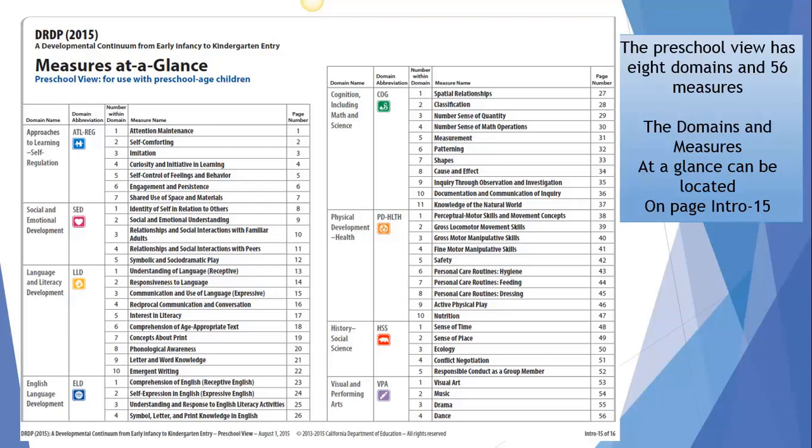Now those of you that have used the previous versions of the DRDP, what was not present in any way, shape, or form? The history and social science, and I think the visual and performing arts. Exactly, the visual and performing arts wasn't, and numerous different measures weren't present. So they've broken it up much differently to align with the foundations better. So these are the 8 developmental domains.